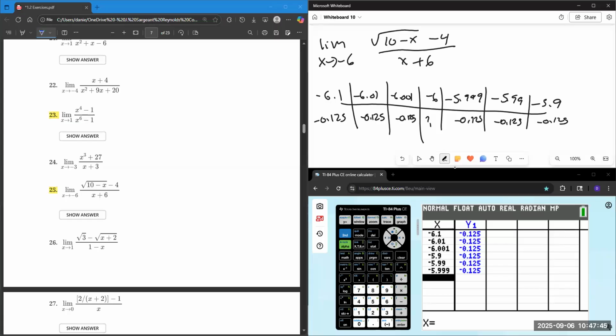I don't know exactly what the point is there, but this looks like it's approaching -0.125, which is -1/8.